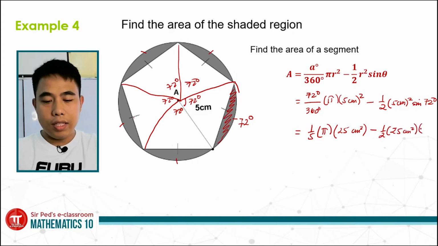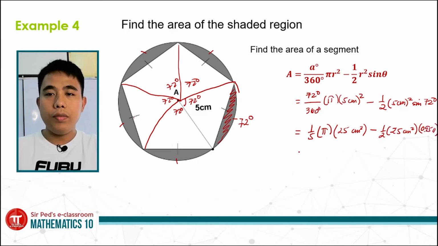Then, sine 72 degrees. I-decimal na lang natin, and we use 4 decimal places to be more accurate than 2 decimal places. Sine 72 degrees is equal to 0.9511. Okay?